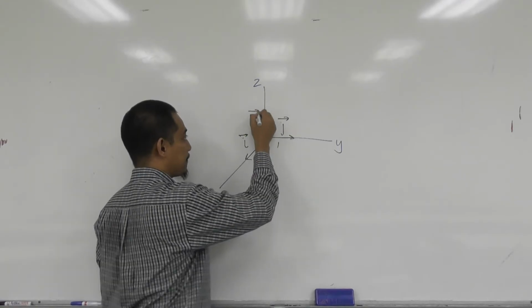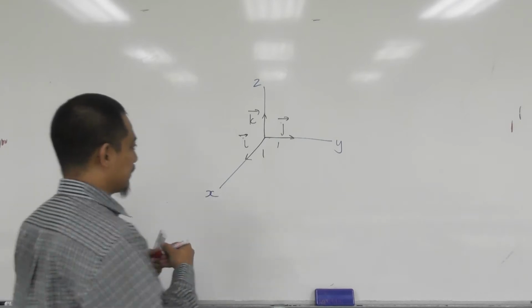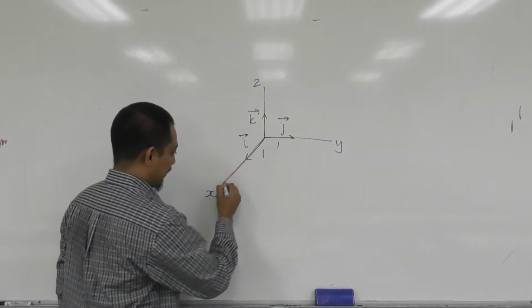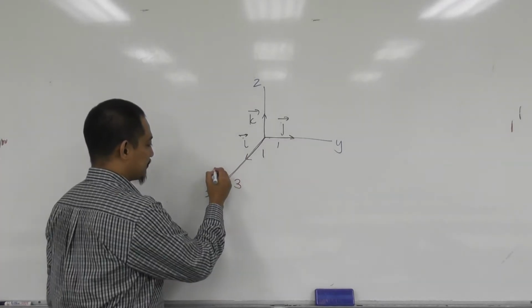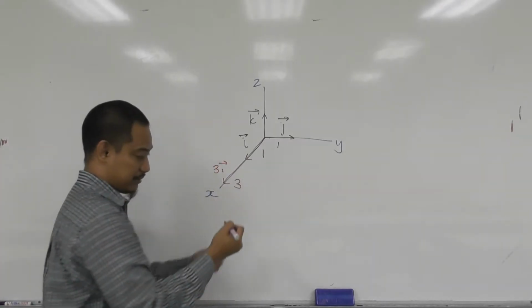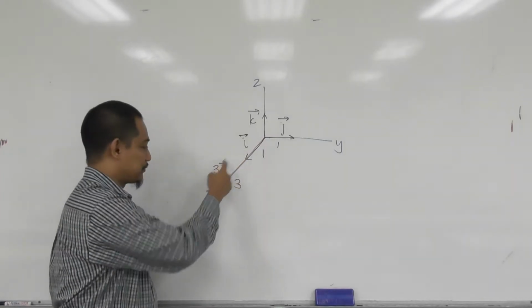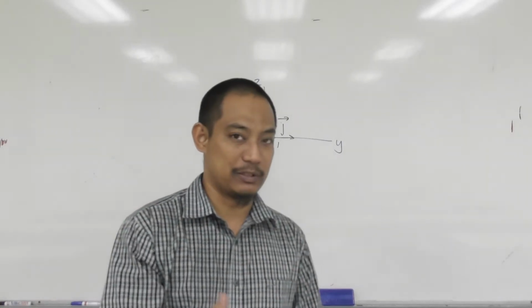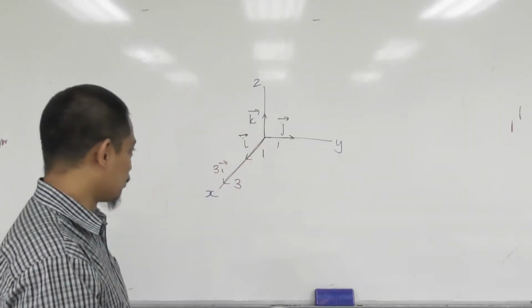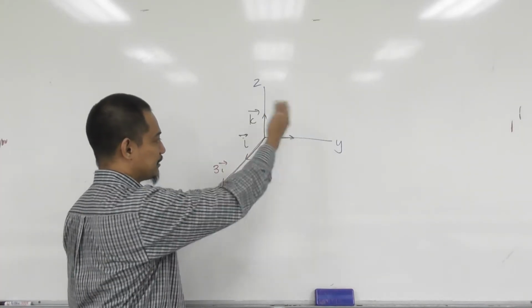So that is why when you have any vector, for example, a vector here with a magnitude of 3, that simply becomes 3i. Why? Because you just multiply the magnitude with the unit vector. So we have done this without realizing, right? It's the same if you have a vector in terms of ijk.